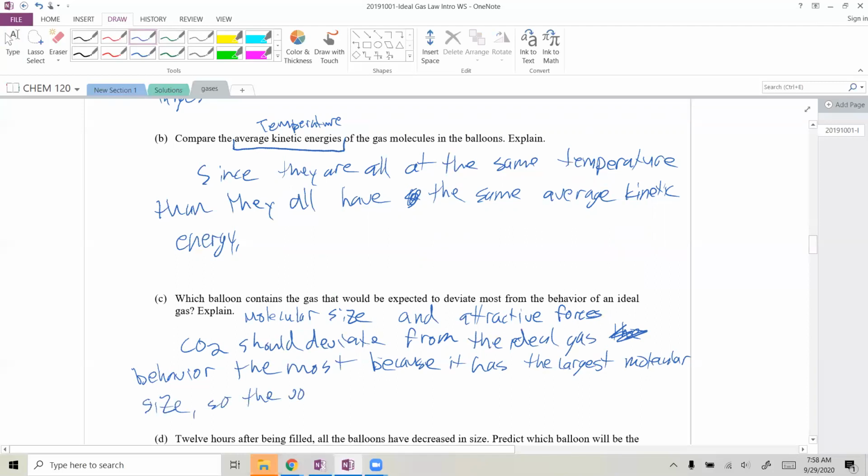So the volume of the gas molecules will make the largest impact.